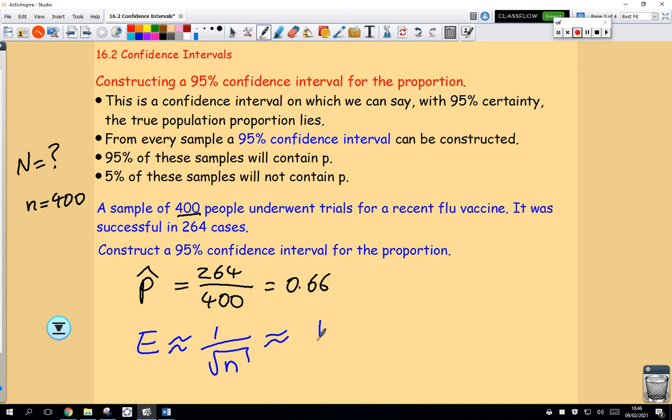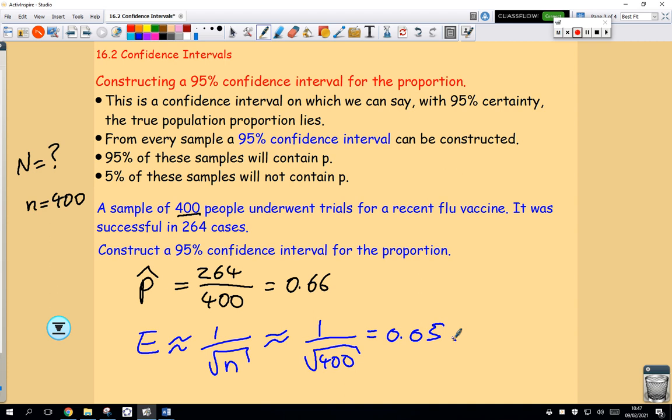So little n is the sample size, so it's 1 over the square root of 400. And again, we want to decimalize that, so that's 1 over 20, which is equal to 0.05. Okay?